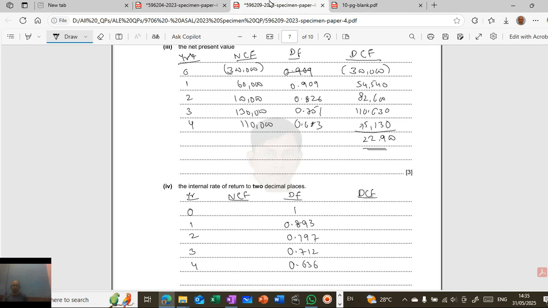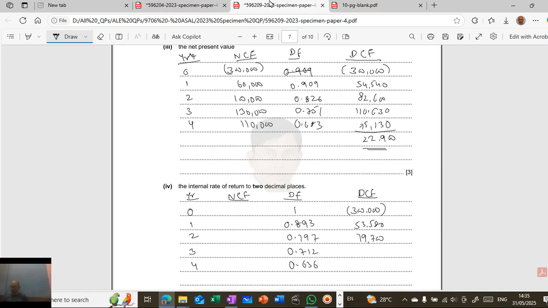The initial outflow will be the same, 300,000. Here it will be 60,000 into 0.893, which is 53,580. Then we have 100,000 into 0.797, which is 79,700.